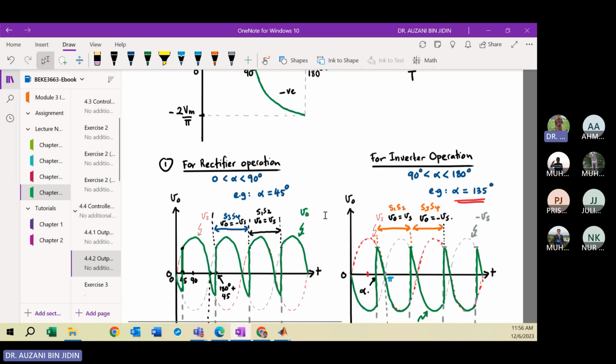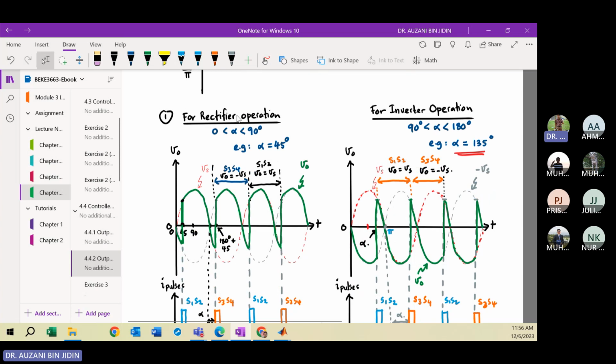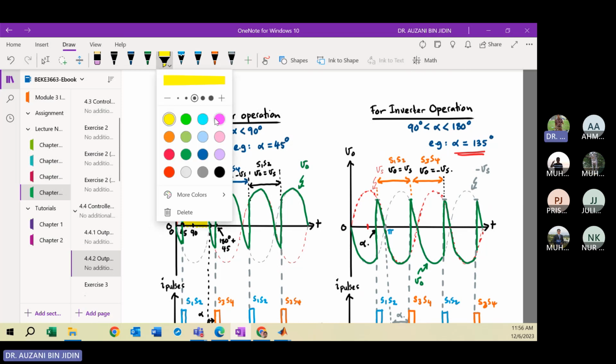If you look at the first case, when the converter operates as the rectifier, it has two areas, positive and negative. The positive area is here, and the other one is negative, in orange.